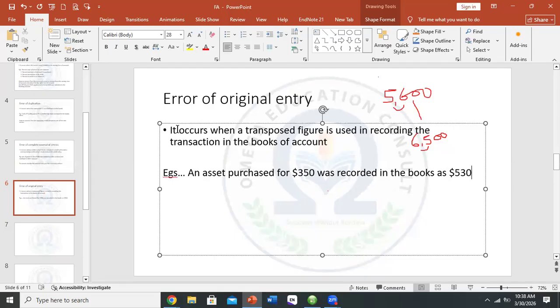So this is an error of original entry, and it's happening because you can see that the figures have been transposed. But under exam conditions, sometimes you see that it's an error of original entry, but you may not be able to identify the transposition. Let me give an example here.